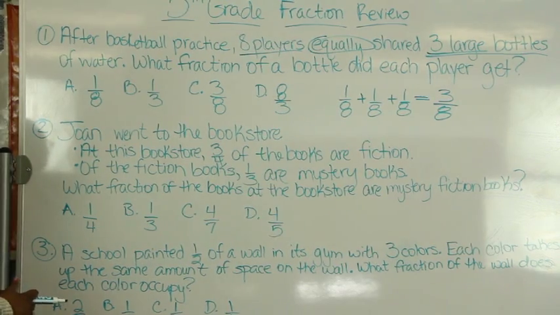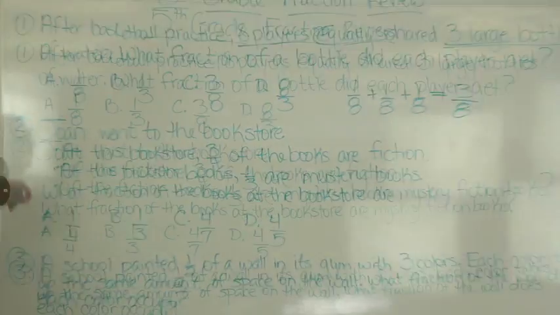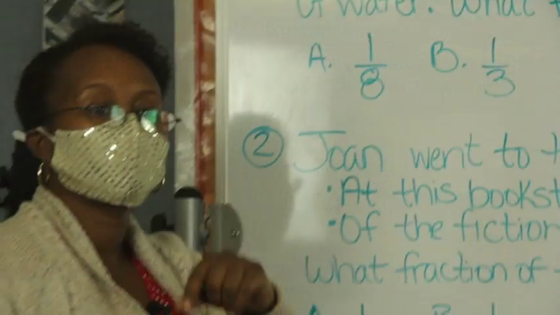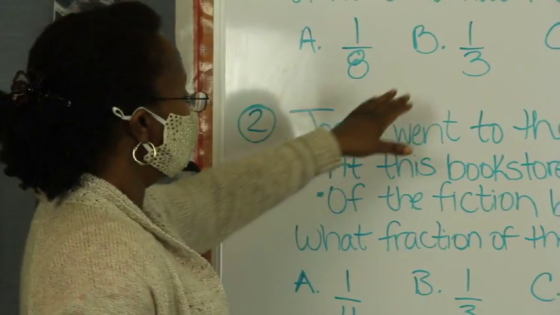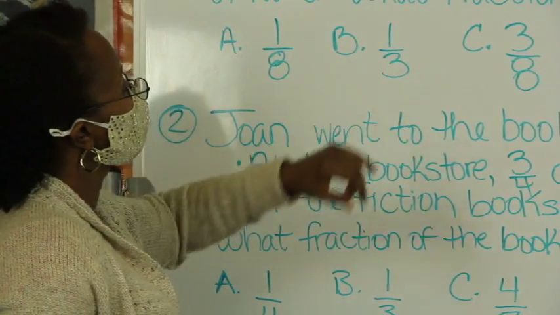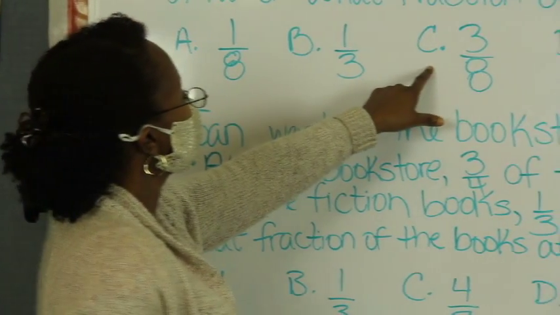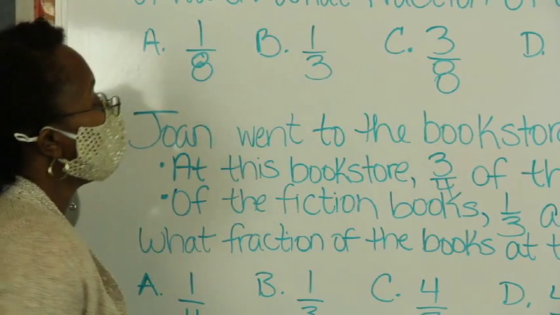Now, let's look and see if we have that answer. A is 1/8. We know they're going to get more than 1/8, right? B is 1/3. And that doesn't really make sense because there are 8 players. You can't get 1 out of the 3 bottles because then a lot of people will be without water. And here's our answer, 3/8.